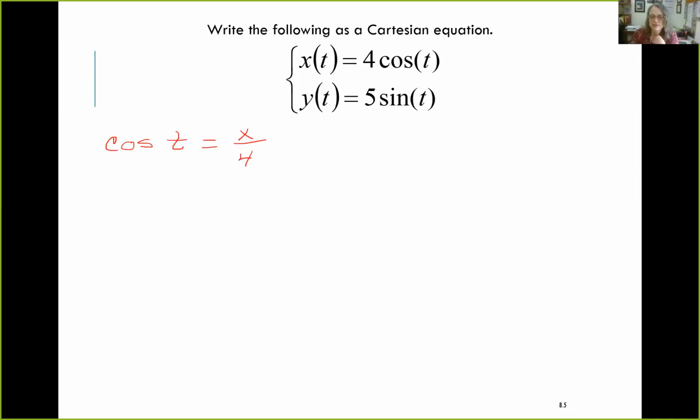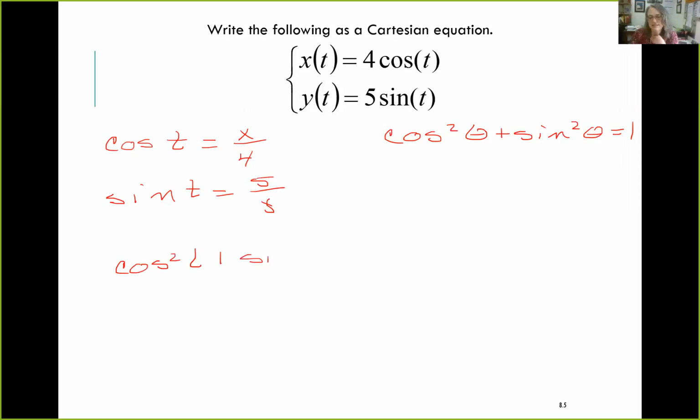Now I'm going to remember that the cosine squared of an angle plus the sine squared of that angle is equal to 1, which means that cosine squared t plus sine squared t will equal 1, which means then that x over 4 squared plus, whoops, this one's wrong, y over 5 squared equals 1.